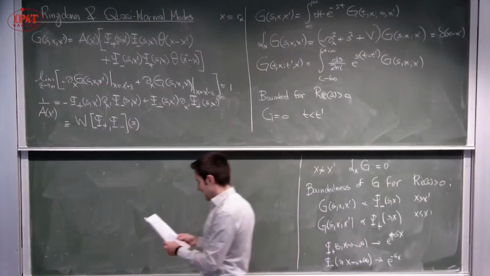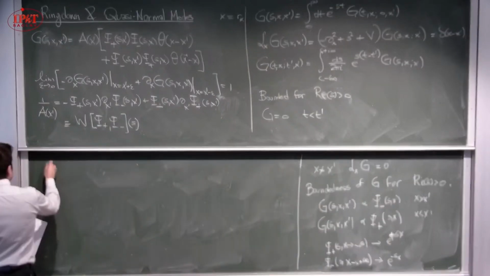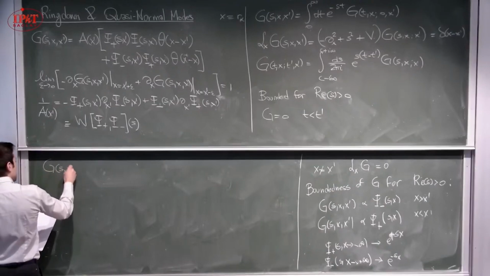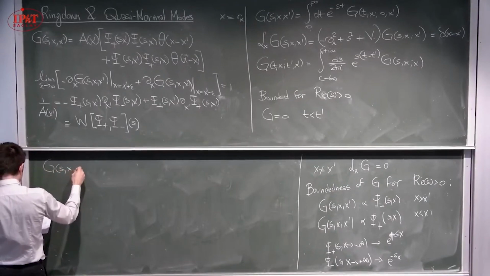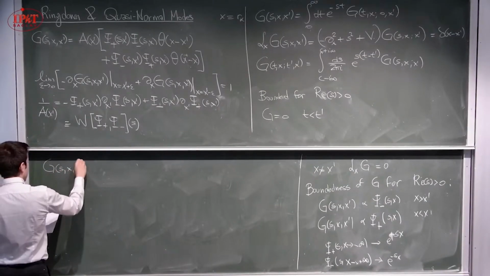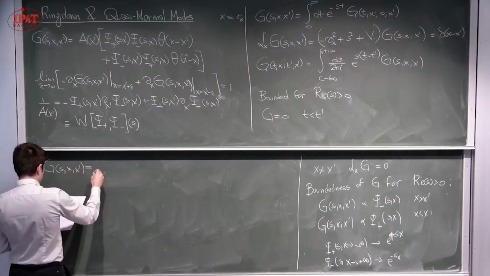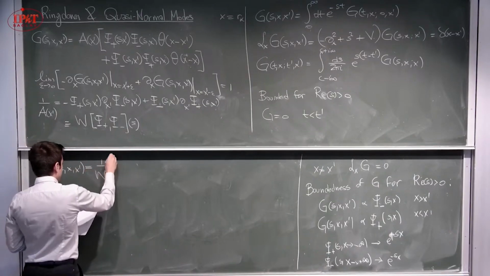Okay, so in the end, if you put everything together, we find that the Laplace transform of the Green's function is just 1 over the Wronskian.